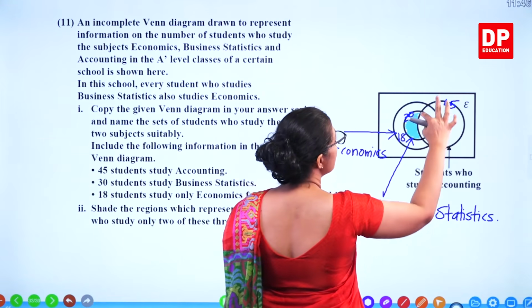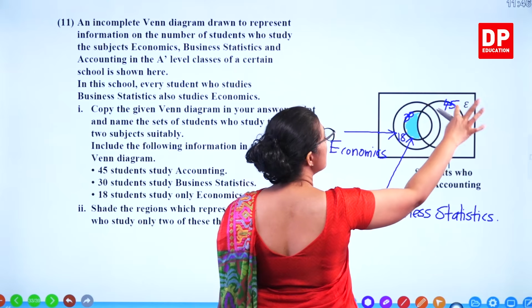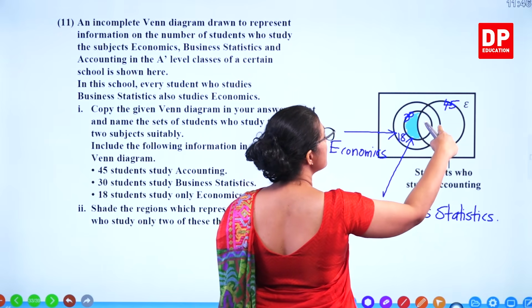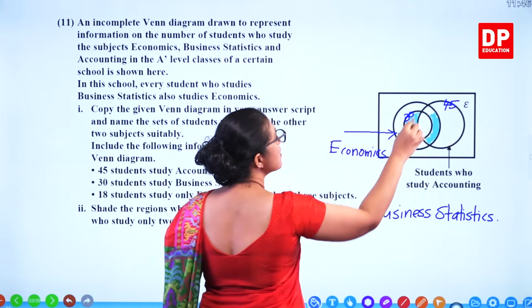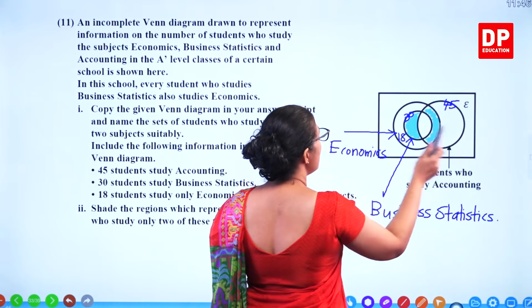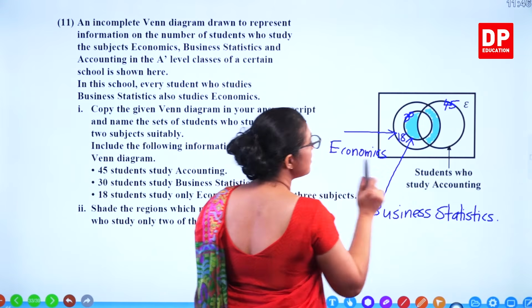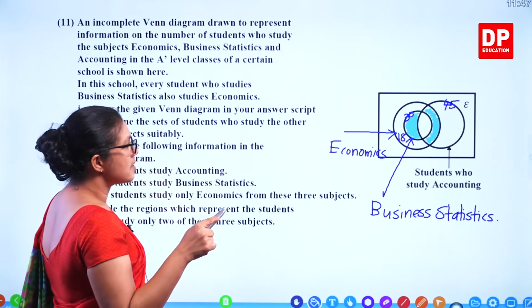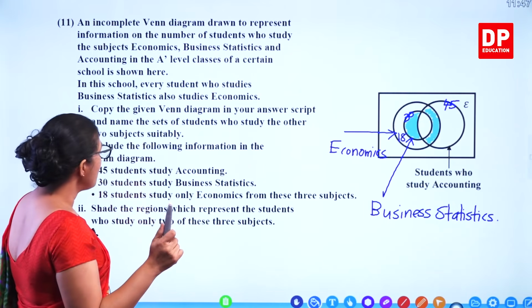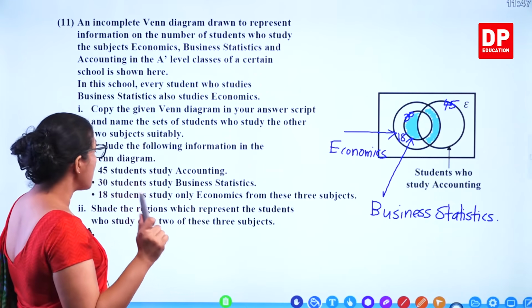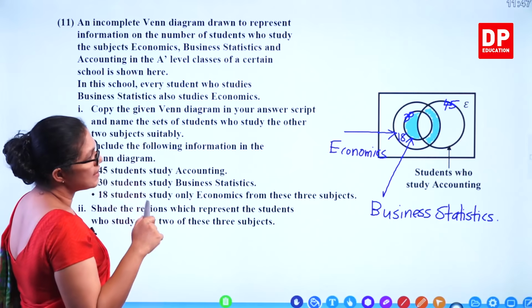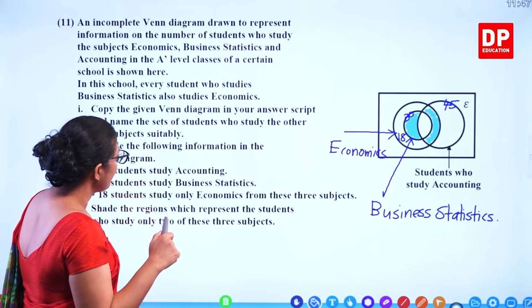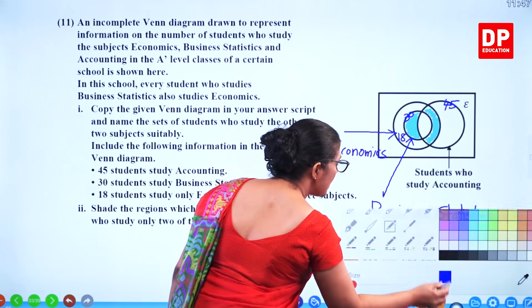When you take this circle, accounting and economics, this part represents economics and accounting. You can't shade this one because it includes business statistics as well. So shade the regions which represent the students who study only 2 of them. So that's the region. So we'll see how many marks for that part.